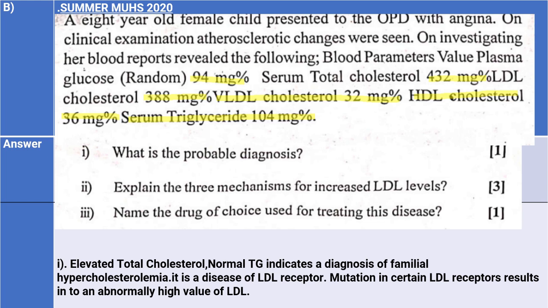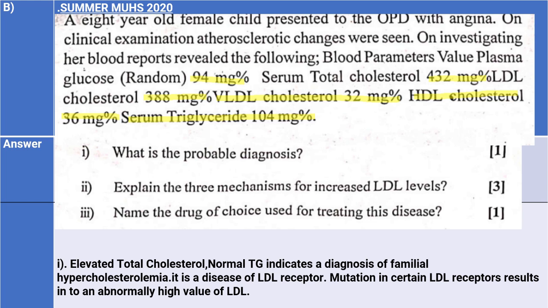Explain the three mechanisms for this increased LDL level and name the drug of choice used for treating this disease. The answer for the probable diagnosis is a defect in the LDL receptor; it is a case of familial hypercholesterolemia.